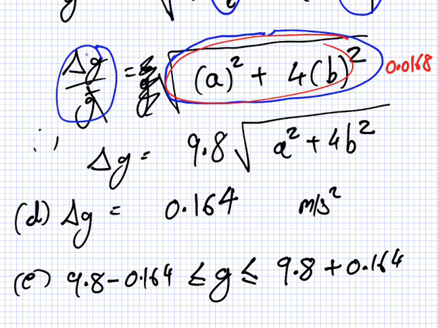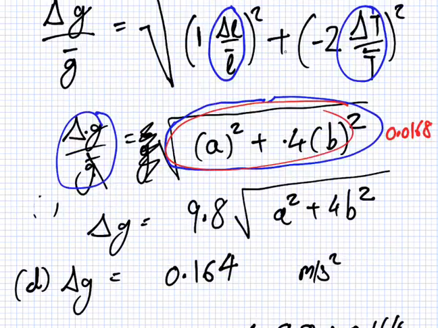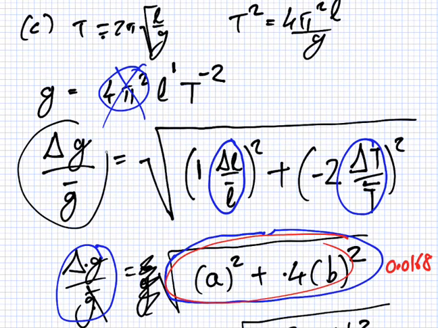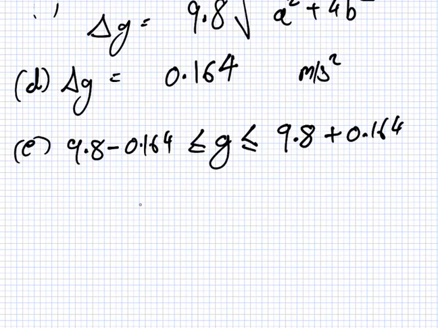Delta G over G equals this. The mean value of G is 9.8, given to us. If I go back a step, this is the formula for relative uncertainty in G. We bring the G up here to make it the uncertainty. Sorry, I did skip that piece there.